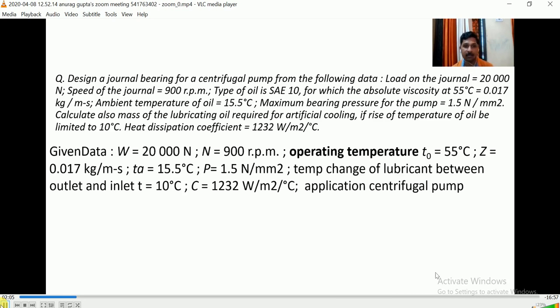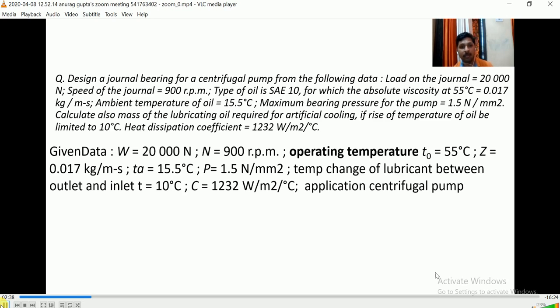So the given data is: the radial load is 20,000 Newton. The journal speed is 900 RPM. The operating temperature of the oil is 55 degrees centigrade. The absolute or dynamic viscosity of the oil is 0.017 kg per meter second. The ambient temperature of the bearing is 15.5 degrees centigrade. The maximum pressure that the bearing can sustain is 1.5 Newton per mm square.